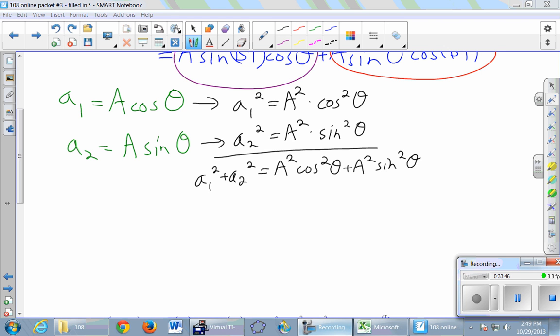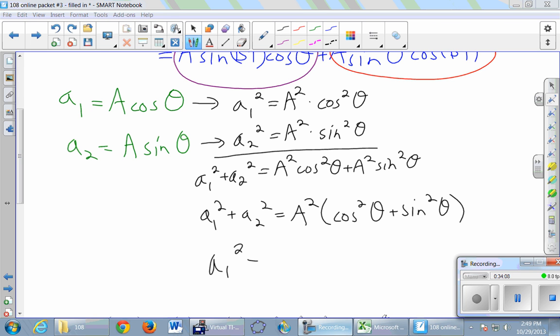And then on the right-hand side, I'm going to factor out that A squared. Copy the left-hand side. And then, oh my goodness, finally something useful, something that we can grab onto. Cosine squared plus sine squared. I've seen it a million times. It's just 1. So the whole right-hand side just becomes capital A squared.